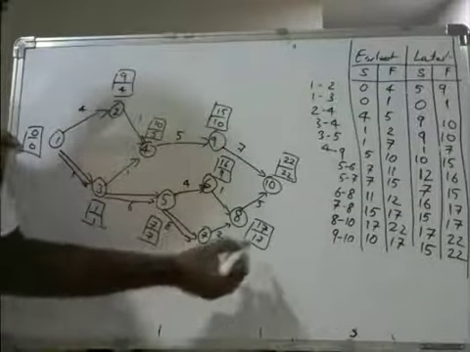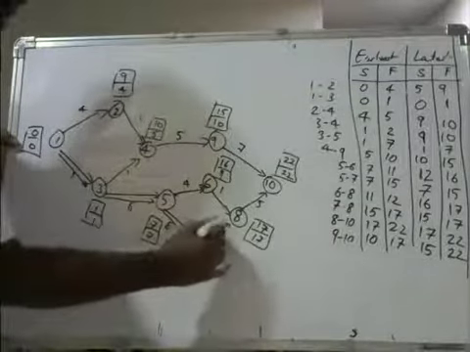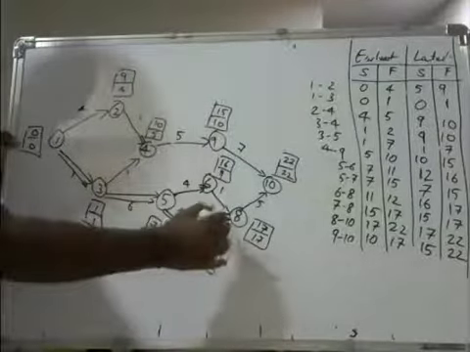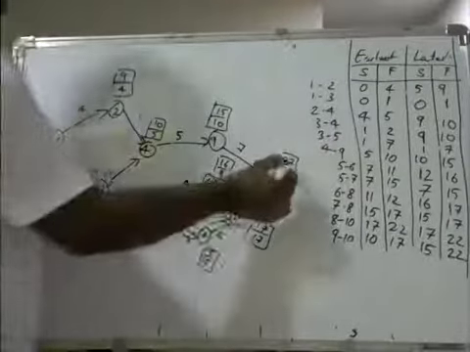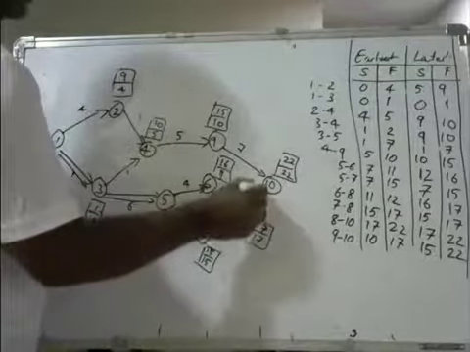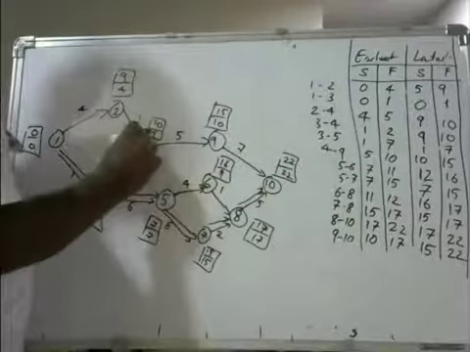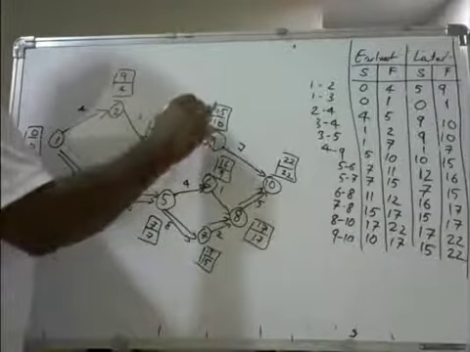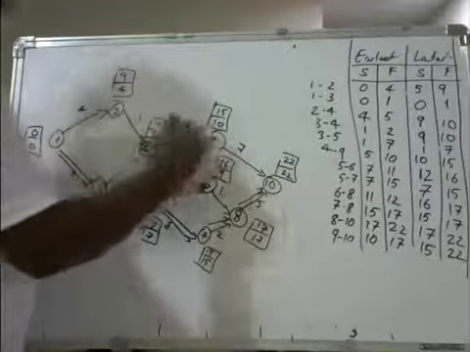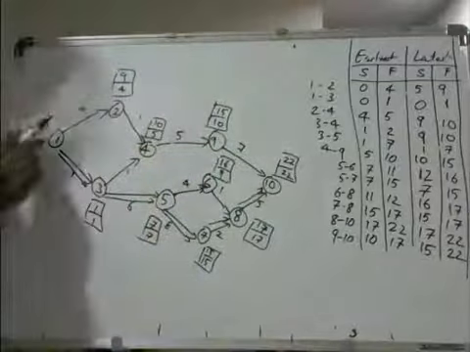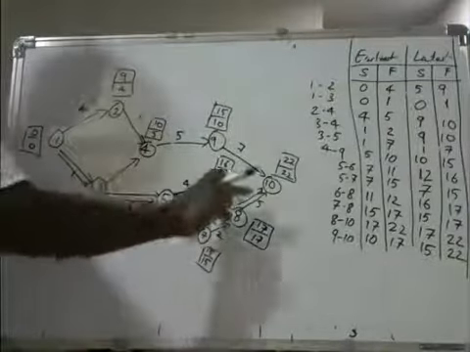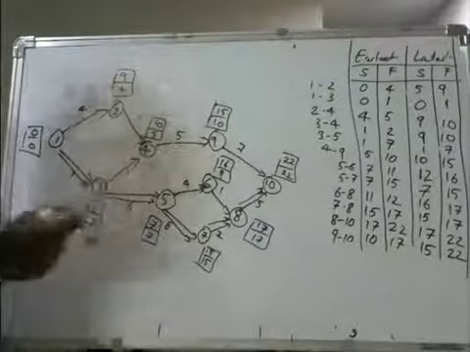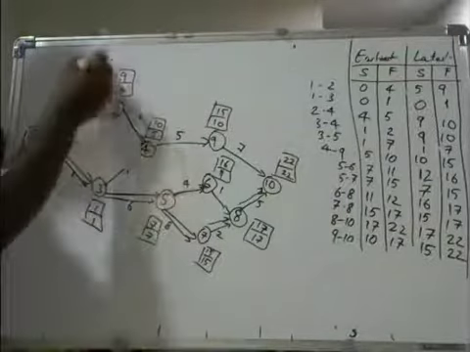So 15 15, 17 17. So here you join with the double line. So this is a critical activity. From 17 17 to 20 22, yes, this is a critical activity. Now this cannot be a critical activity because 10 and 5, 15 and 10. Now this line is not. So the line joining like this is a critical activity. Now you have to write the critical path.